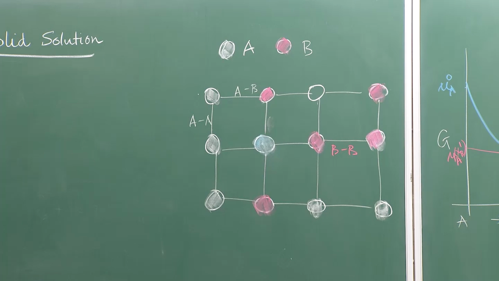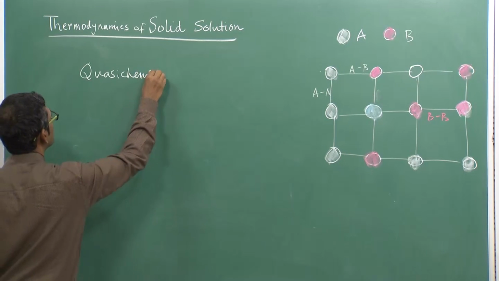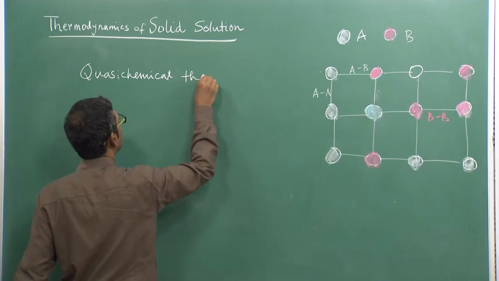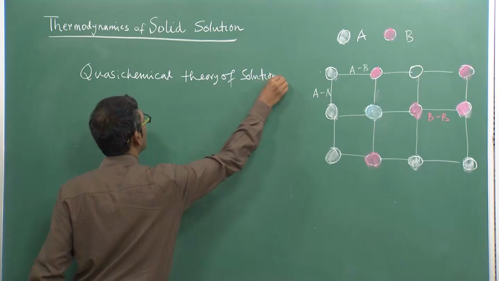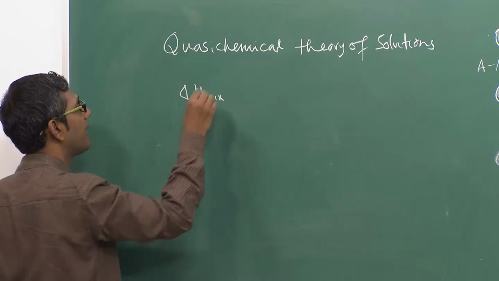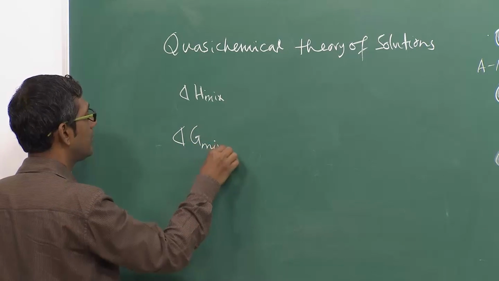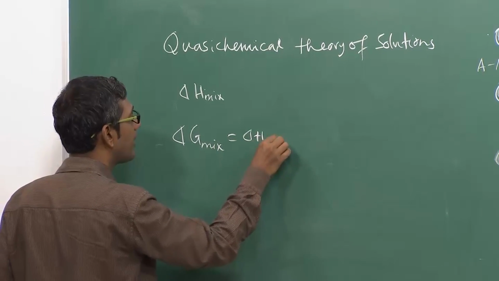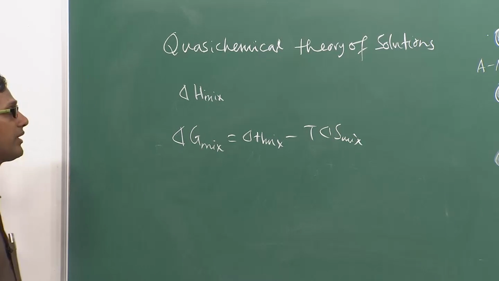Now this approach, which I am going to discuss in the next lecture also, is known as the quasi-chemical theory of solutions. The basic purpose is to find an expression for delta H mix. I have discussed that delta G mix depends on two things: delta H mix minus T delta S mix, and the delta S mix expression I have already derived.